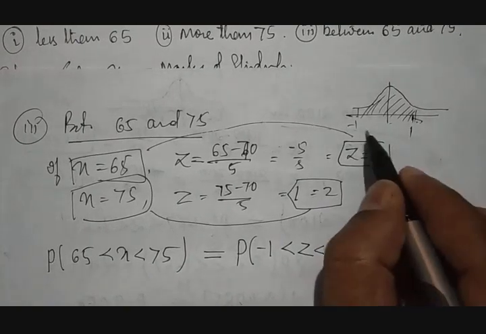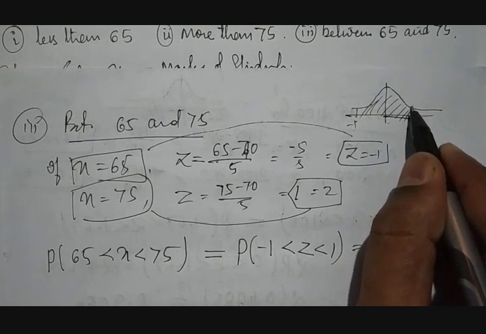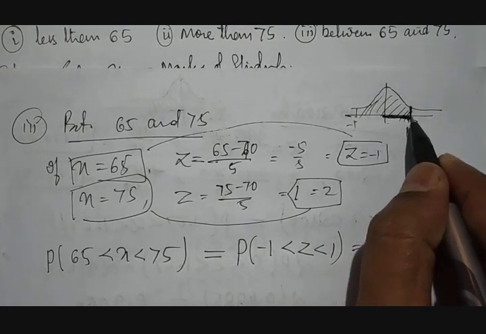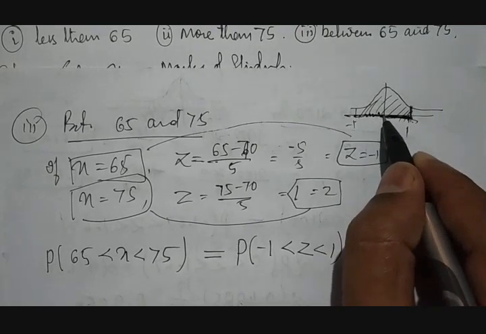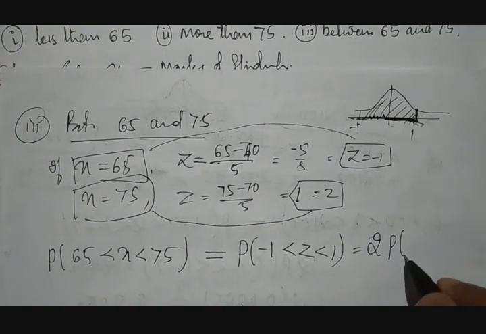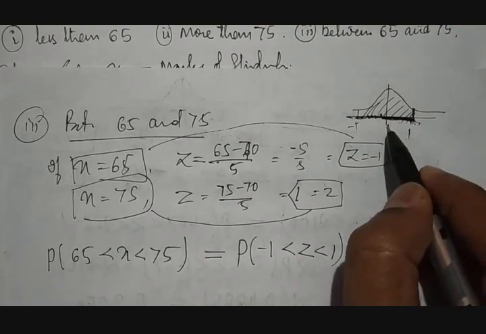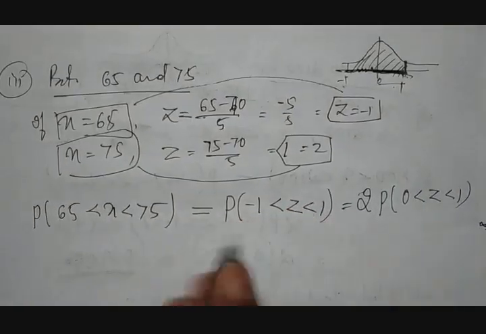But we know that the negative side cannot be calculated. So first we calculate the positive side from 0 to 1. Then the same thing will be traced on the other end. Then it becomes total. So it becomes 2 times the probability of 0 less than z less than 1. Means from 0 to 1 we calculate, then it will be multiplied by 2.